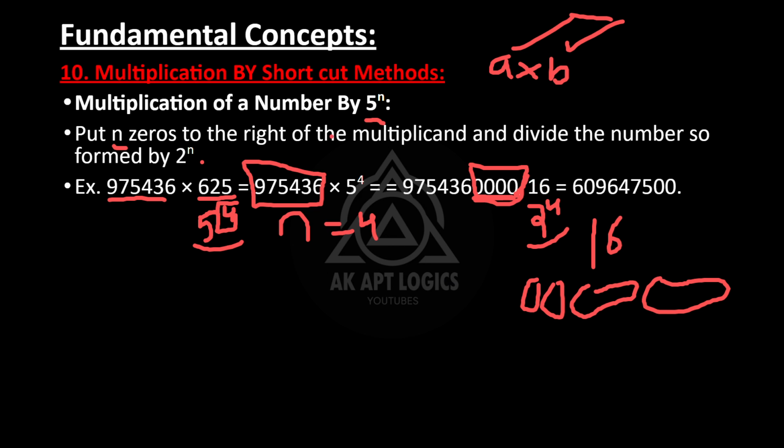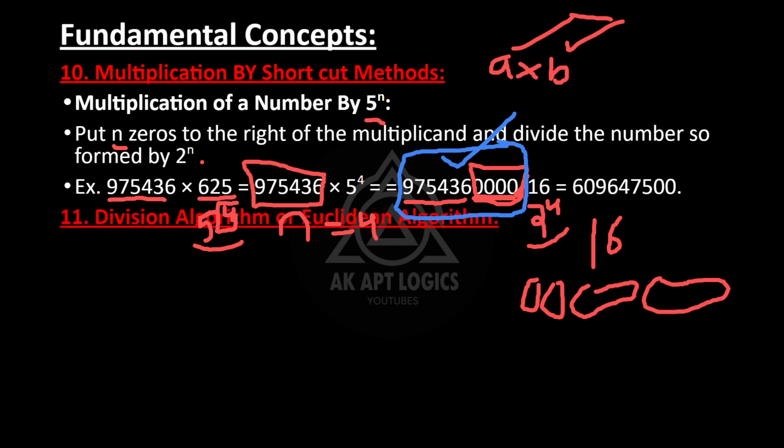It's a shortcut. Now dividing this number by 16 is easy because we already know it will be completely divisible by 16. So you just do the normal division, and you will get the answer in a very easy way. So this is also one shortcut.